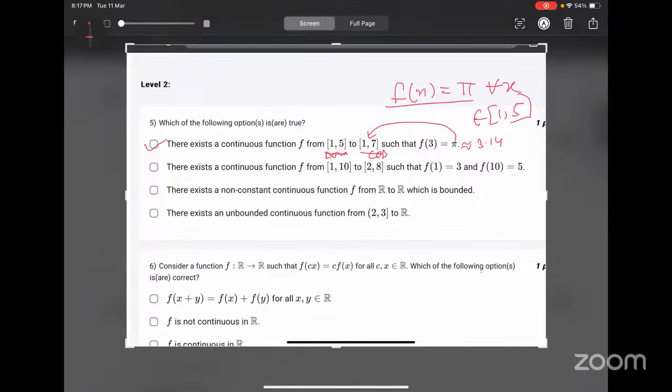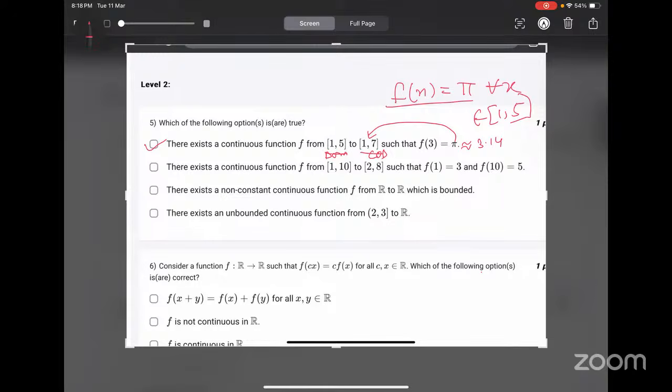I think you explained it in the last session. So we can define such a function so that they are taking this type of value. So it is possible, right? Yes. So it is better if we can construct an example. We will try to construct an example later, maybe. Okay.